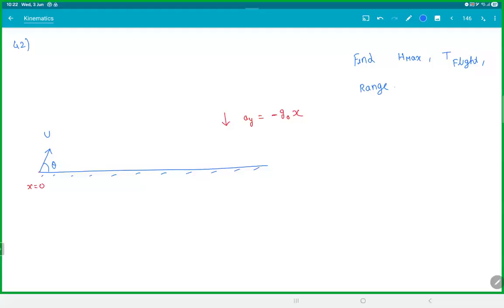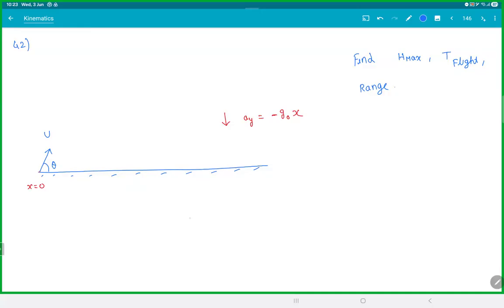You have a planet whose gravity is increasing with x coordinate. Minus n simply means it is down.